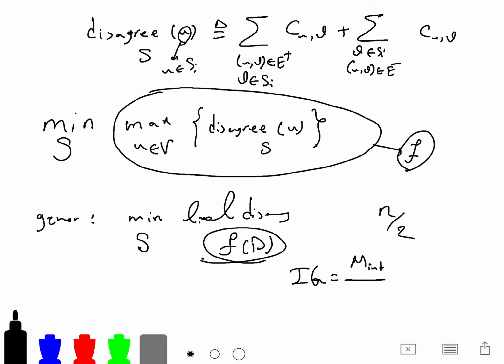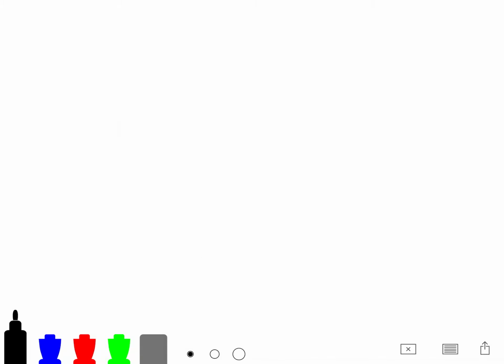Remember, integrality gap is the ratio of the optimum of integer to the optimum of fractional. And this is n over 2, it's too big. And integrality gap is always greater than 1. And they prove that the min-max disagreement problem admits an order of root n approximation for general weighted graphs, not just complete graphs.